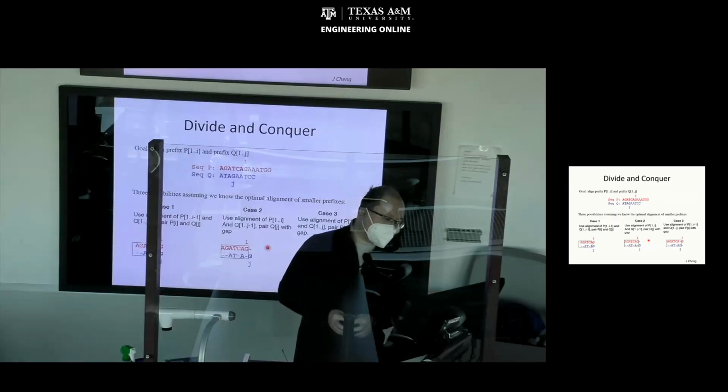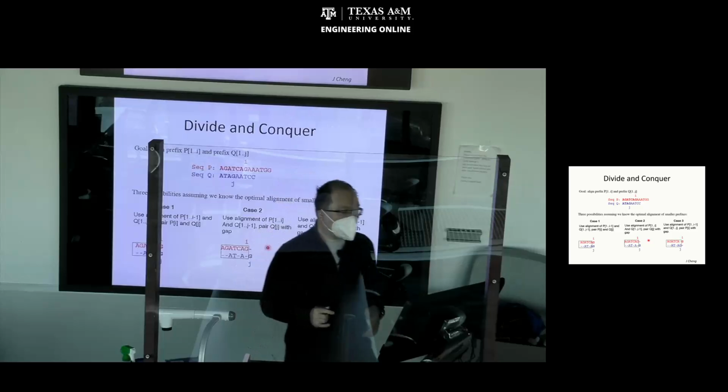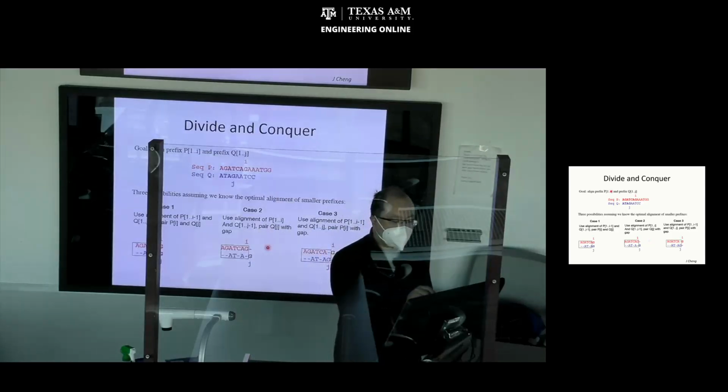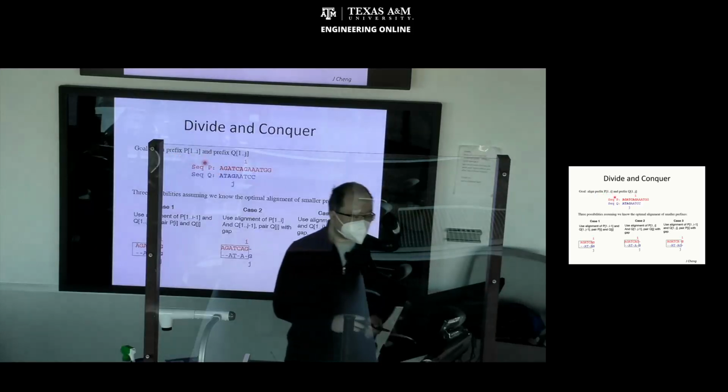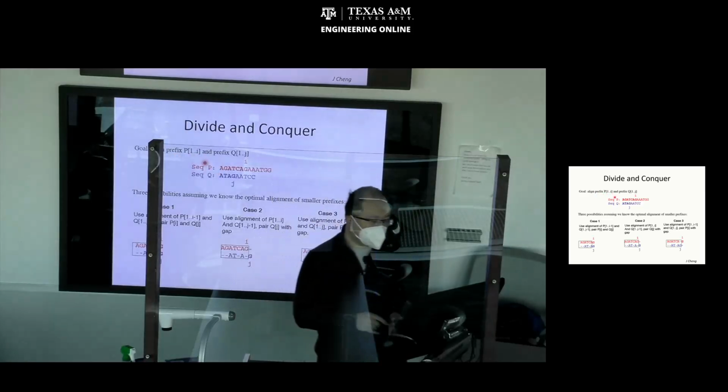Okay, so now let's divide and conquer, okay? Let's consider, you remember, I had i and j where I split the two sequences P and Q, okay? Let me call these two substrings, for P position 1 to i and Q from position 1 to j, two prefixes, okay?